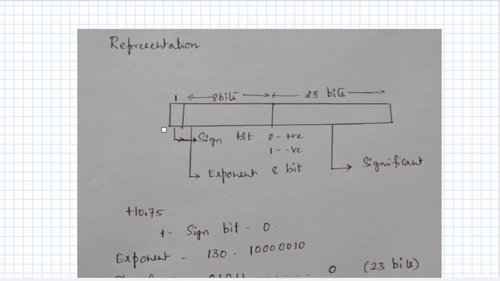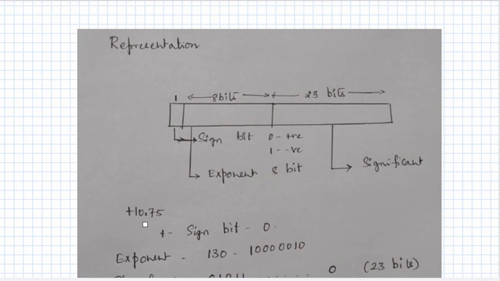Now floating point values are represented in this particular format. The first bit represents the sign, the next 8 bits represent the exponent, and the last 23 bits represent the significant. This is for 32 bits, or 4 bytes, to store a floating point number.